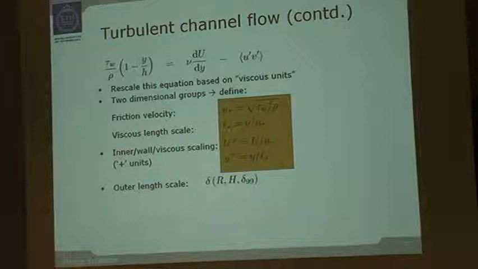If we now consider quantities that are scaled by means of u tau and L star, we introduce what we call the inner scaling, or wall scaling, or viscous scaling, or simply plus scaling. This just means that when we rescale, for example, u with u tau, this gives us u plus, or similarly y plus.